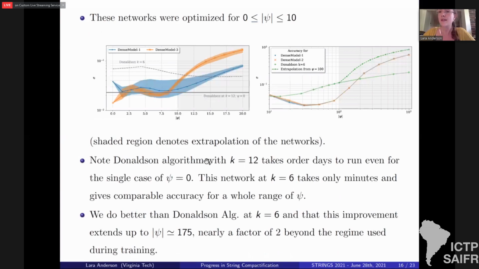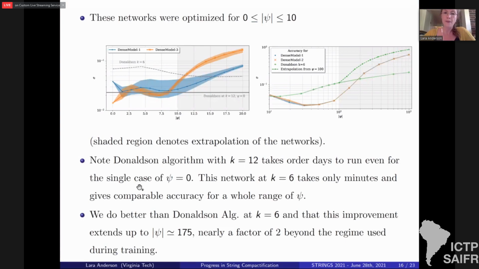And what we find is that this actually works surprisingly well, or at least surprising to me. So here I'm showing 2 different results run over different ranges of the complex structure. The basic punchline is that the neural network can produce results that are very comparable to Donaldson much, much quicker. So here, for example, this line is the Donaldson algorithm run at an accuracy of k equals 6.